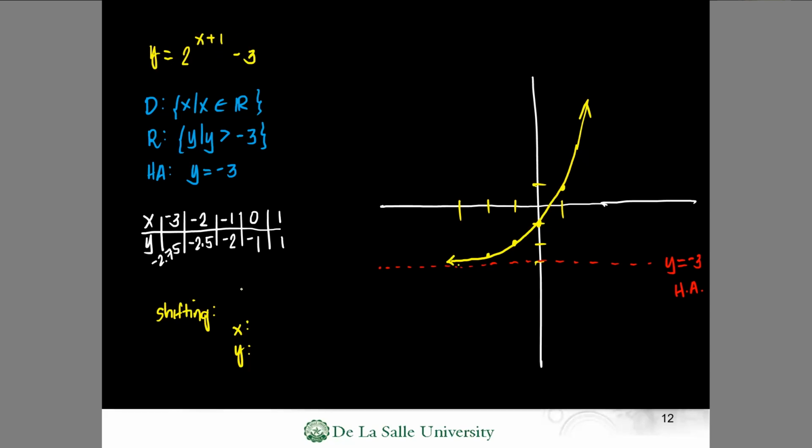X plus 1, so to the left by 1 unit. Right? And then, what about the y? How did it shift? Up or down? Down by 3 units. Can you follow?